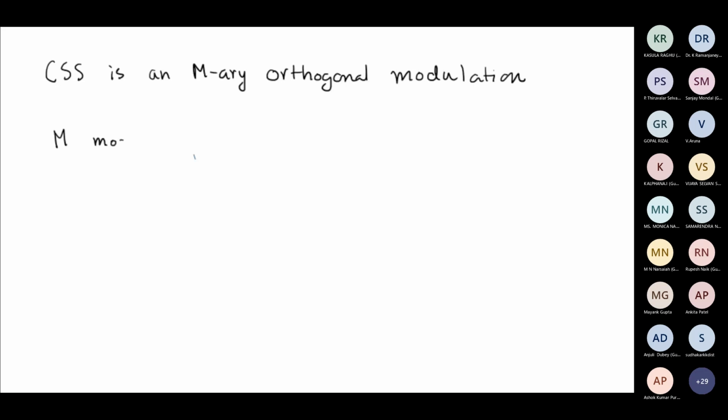Let us now be a bit more specific and look at how the CSS modulation works. So CSS is essentially an M-ary orthogonal modulation. So this means that we have M modulation symbols.